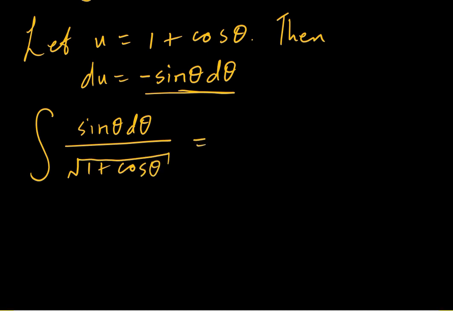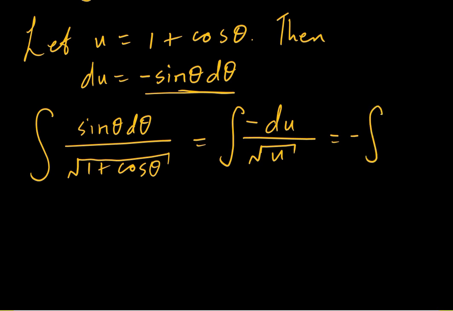And now if we put in these substitutions, we're going to end up with the integral sign first, negative du over the square root of u. And if we want to write it more decently, we put the negative outside, and we can write it as u to the power negative half du.